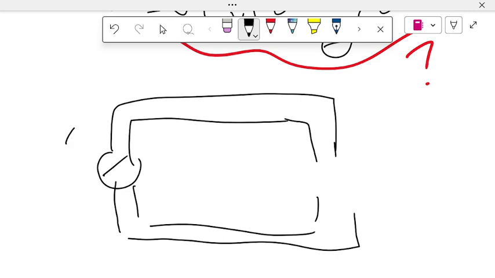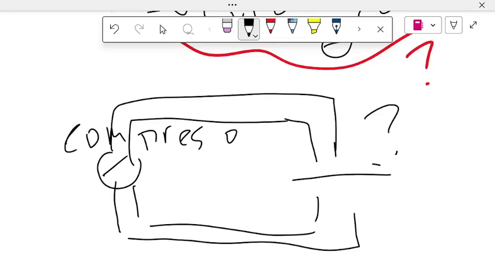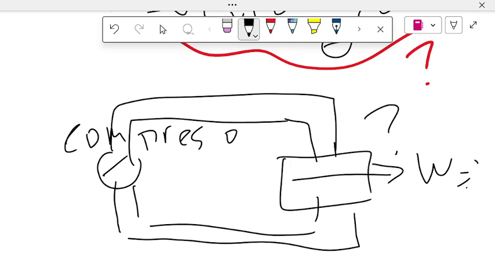This is compressed. But here, can I obtain mechanical work? Can I do the expansion, the evaporator, in some manner to obtain useful work?